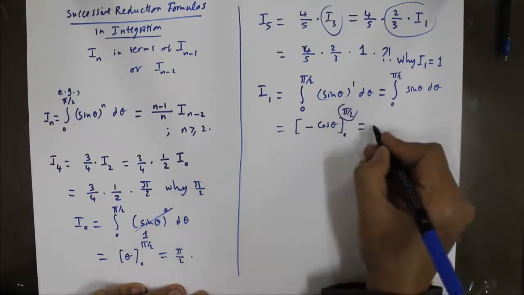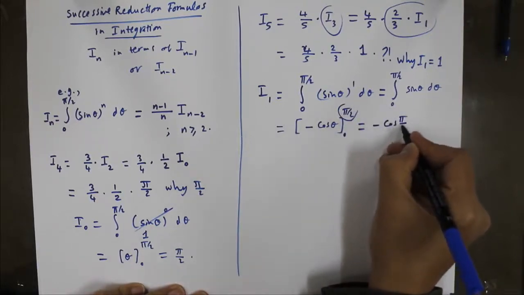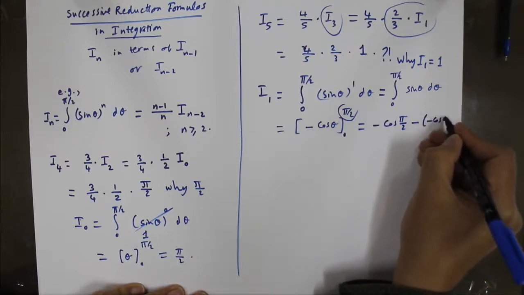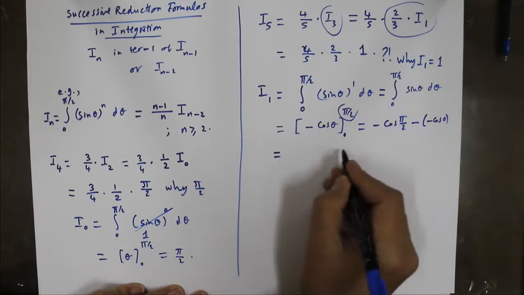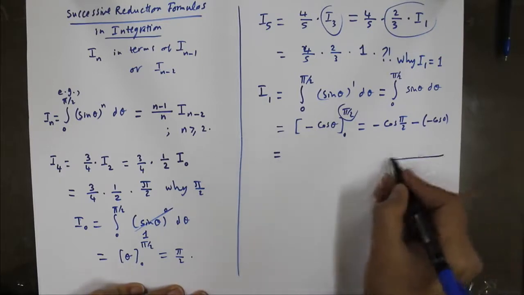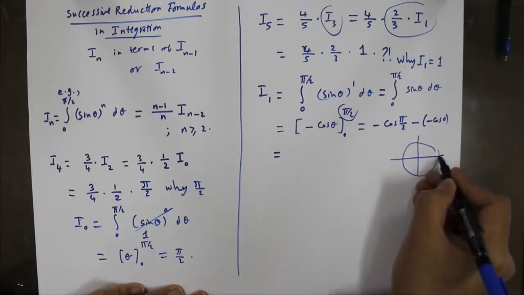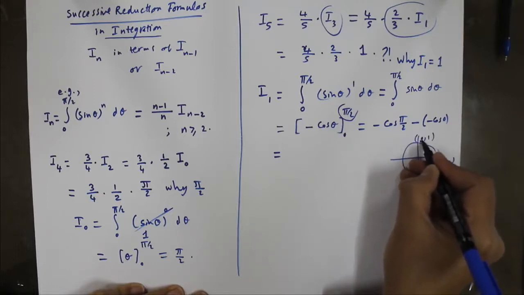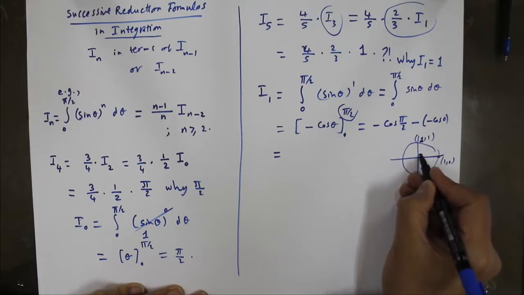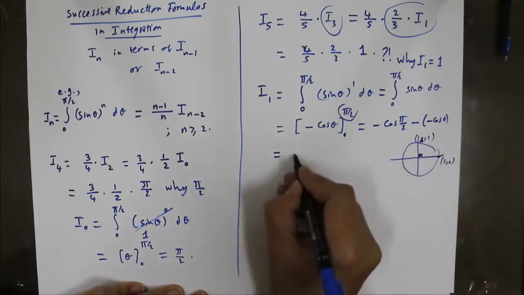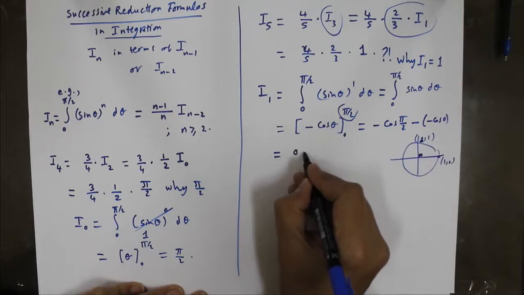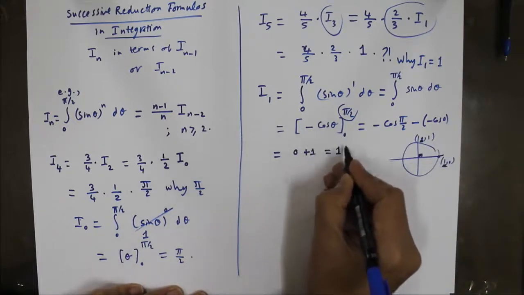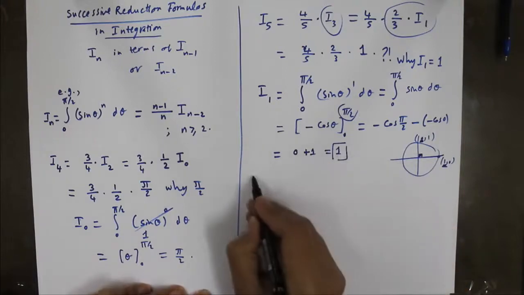Substitute with the upper bound to get negative cosine of pi over 2 plus cosine 0. Recall the point (0, 1) on the unit circle: this is the angle pi over 2, and this is the cosine, so it's 0, plus cosine 0, which is 1. Therefore, I_1 is 1, and this is easy and known to everyone.